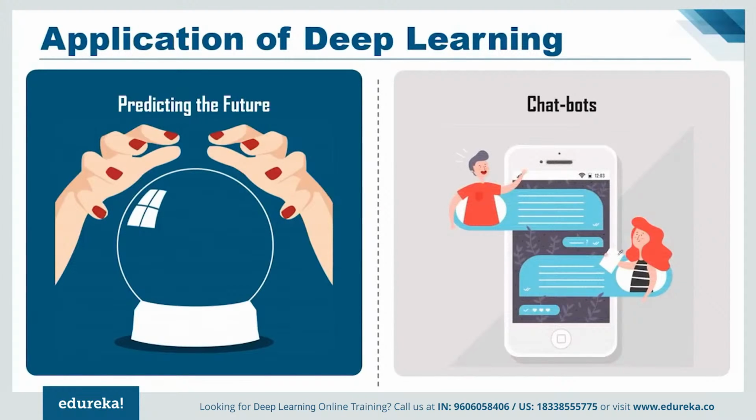Now, all of you have heard about Siri, which is Apple's voice-controlled virtual assistant. Believe me, with the help of deep learning, these virtual assistants are getting smarter day by day. Now, chatbots also work with the help of deep learning. If you have ever visited or used the customer care services of any online or e-commerce website like Amazon, Alibaba, or in fact Flipkart, the customer care service you are interacting with might not be an actual human.